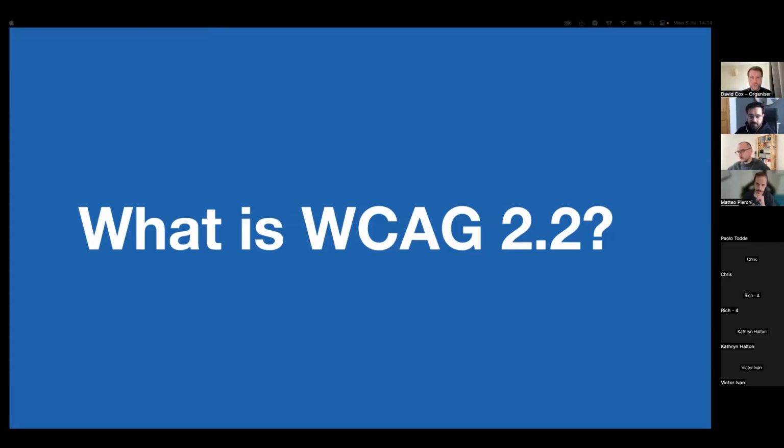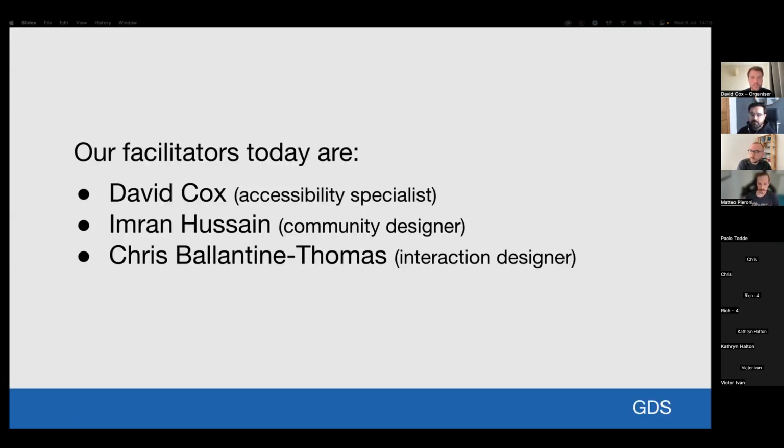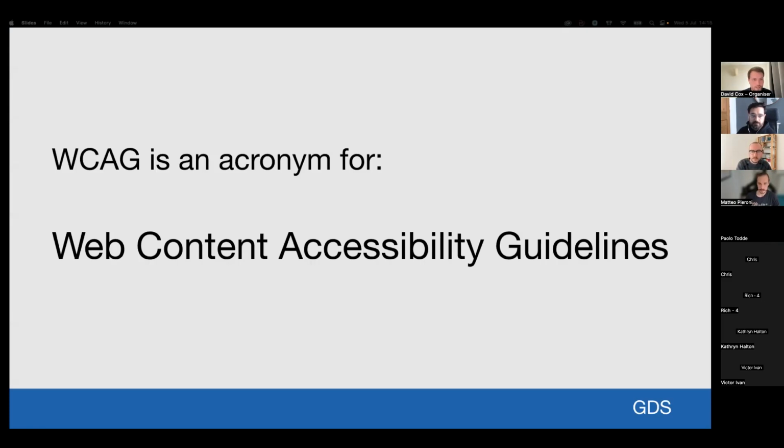One of the first things we're going to look at is, okay, we're talking about accessibility, and one of the ways, at least in the UK government, we measure accessibility is through something called WCAG, which stands for the Web Content Accessibility Guidelines.